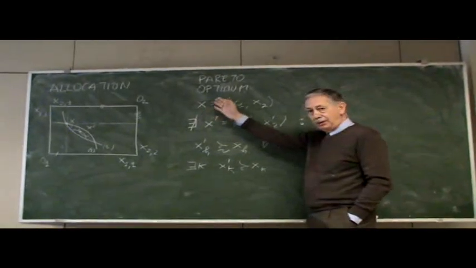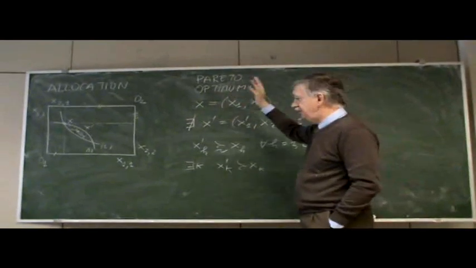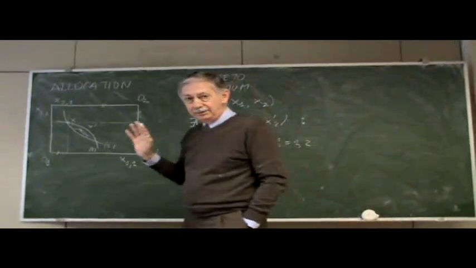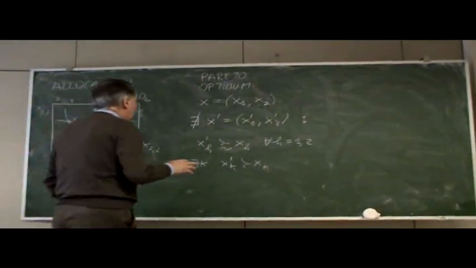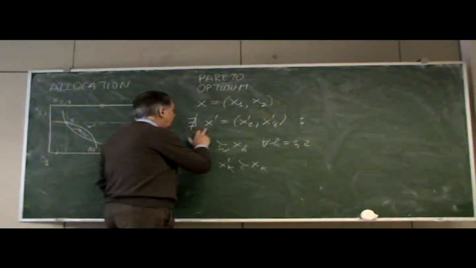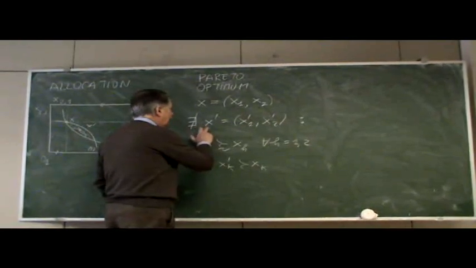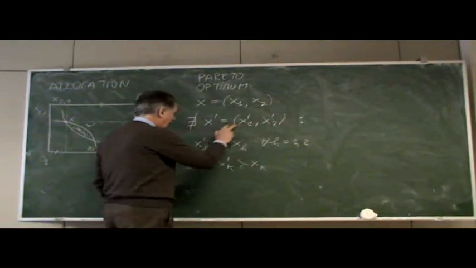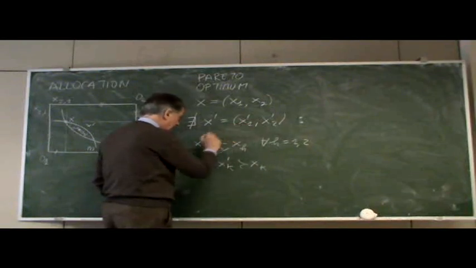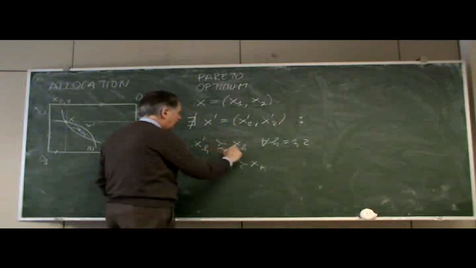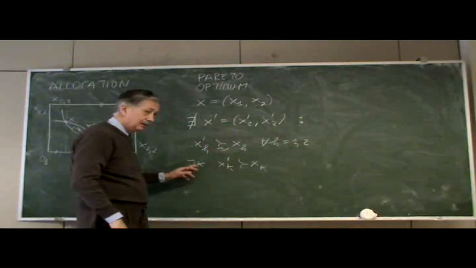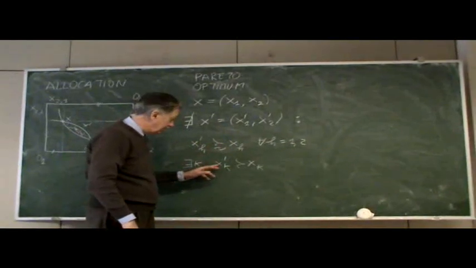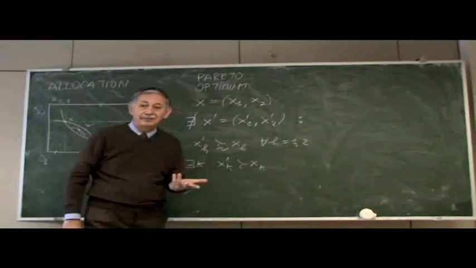A particular allocation X constitutes a Pareto optimum in this consumption economy if there does not exist another allocation X prime such that for every subject the bundle X prime H is preferred or indifferent to XH, and there exists at least one subject K such that there is a strict preference.